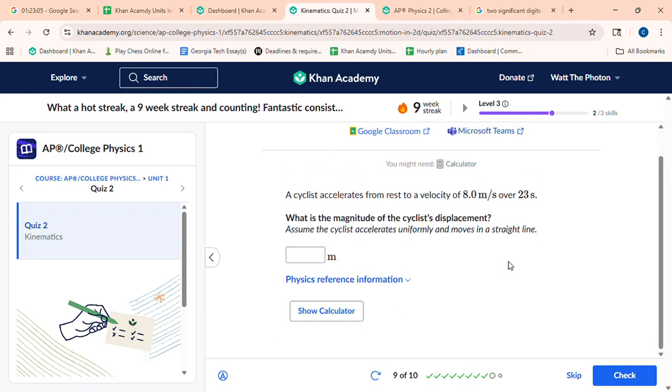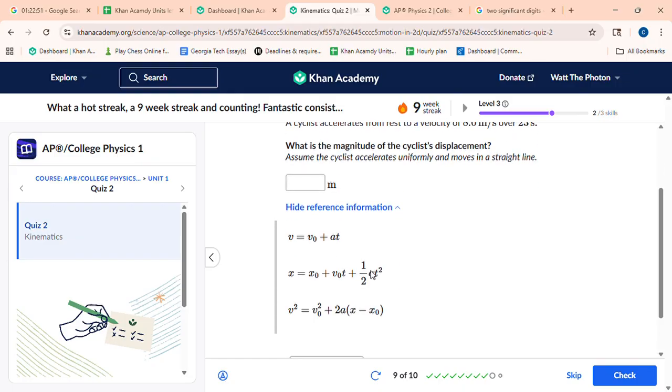How much did they displace? So, let's look at this.